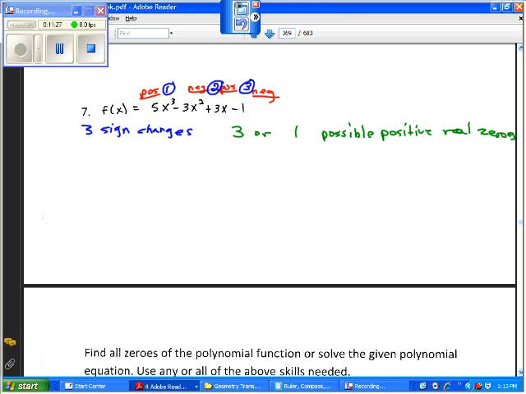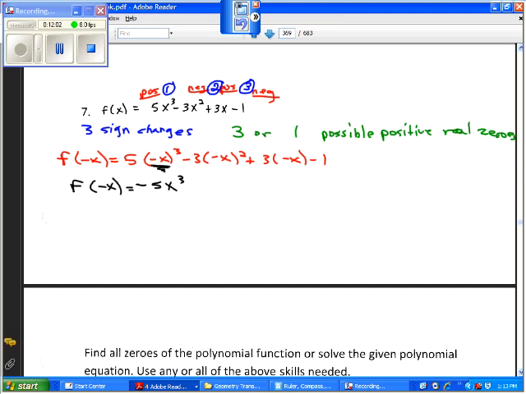Now, to find the number of possible negative ones, we need to find f of negative x. And to do that, we replace the x in the original function with negative x. And so we get that f of negative x is, now an odd number of negatives creates a negative times a positive is a negative 5x cubed.